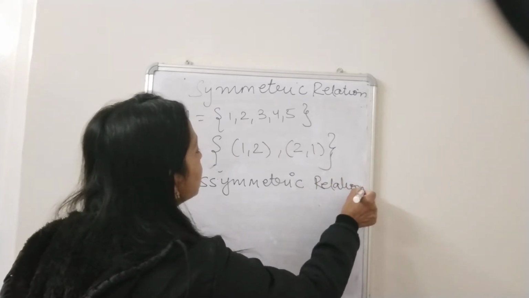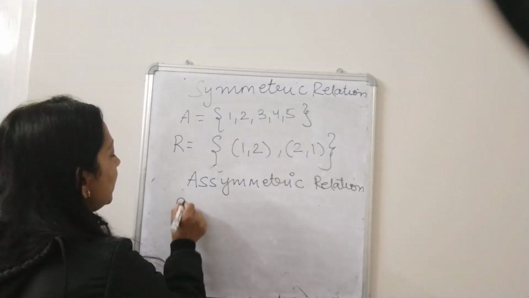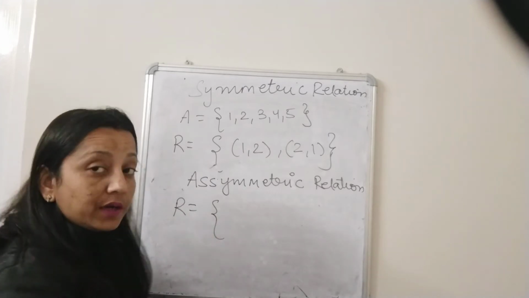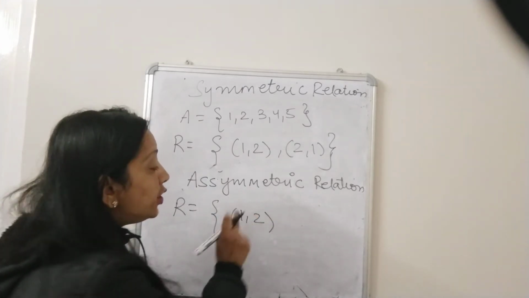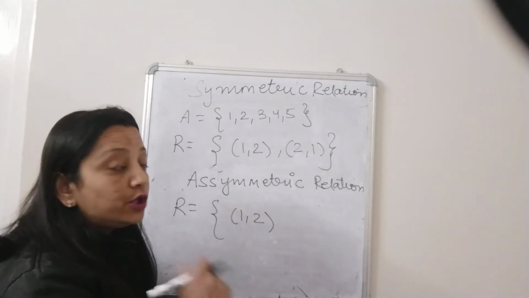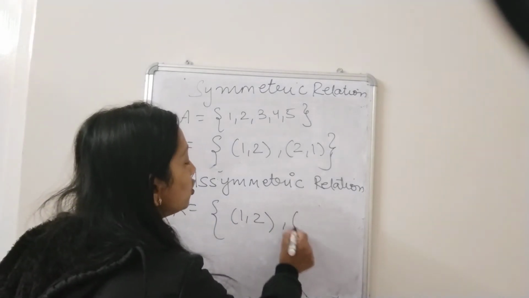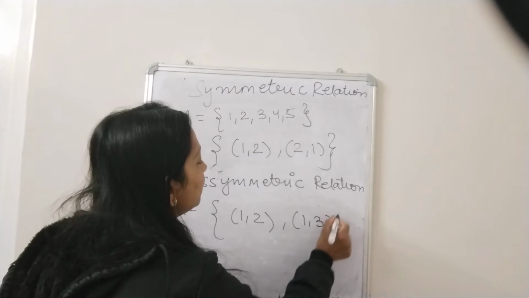If I am talking of an asymmetric relation, again if I consider the same set A, the asymmetric relation set R will consist of all the elements such that if (1, 2) exists, its opposite (2, 1) will not exist. So the opposites of the ordered pairs will not exist.